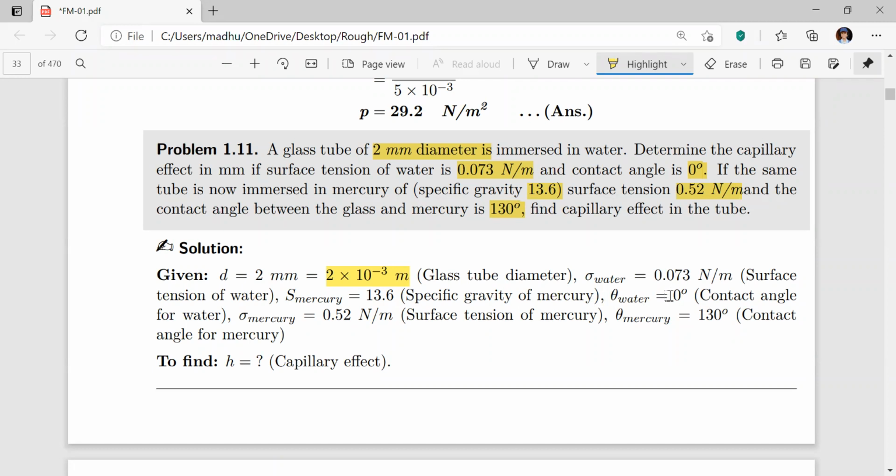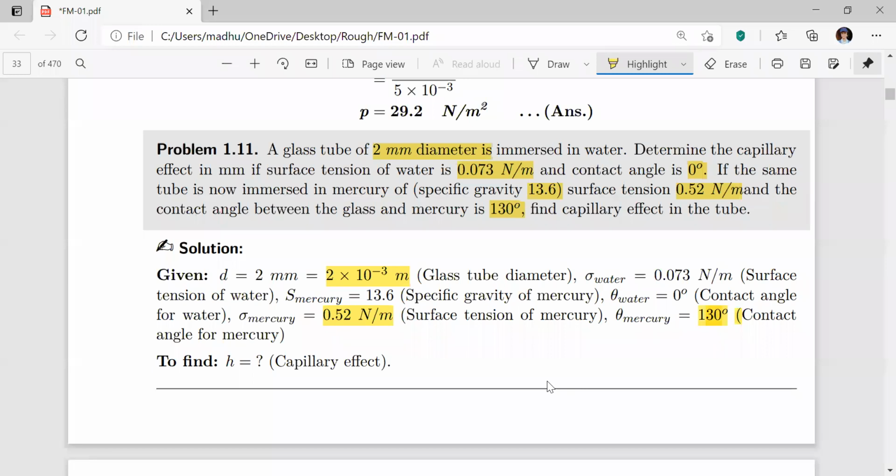Theta of water is 0 degrees, and sigma of mercury, that is the surface tension of mercury, is 0.52 Newton per meter. It is also given in the problem. And theta for mercury is 130 degrees. Unless they mention otherwise, I have to take 128 degrees for theta. Since it is mentioned in this problem as 130 degrees, I have to take the value of 130 degrees. That is the contact angle of mercury.